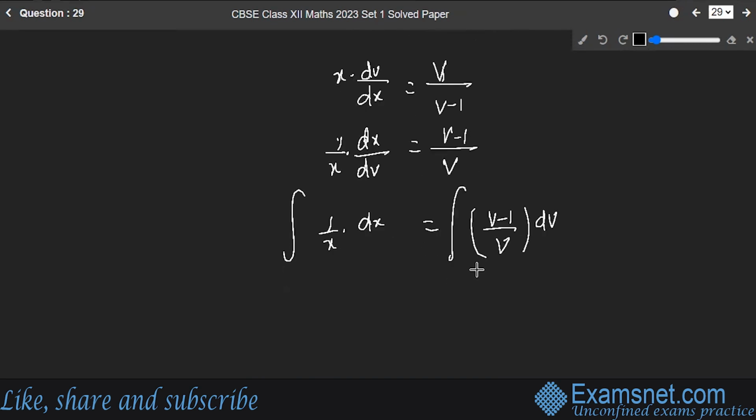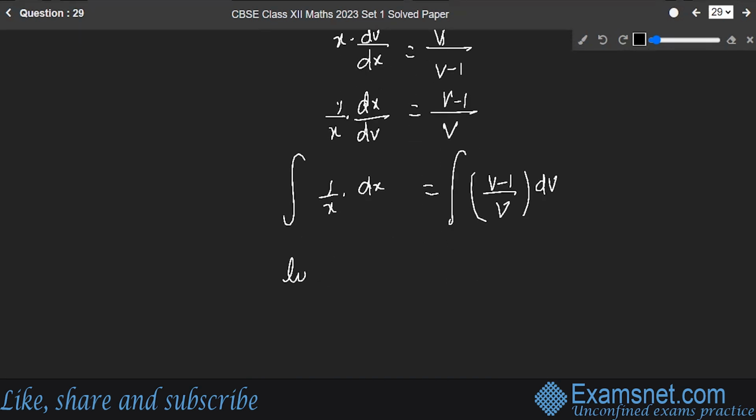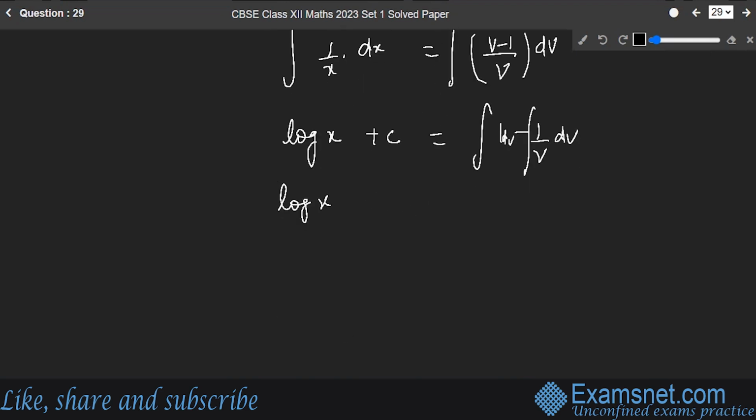So integrating on both the sides will give you log of x plus c is equal to, this is integral of 1 minus 1 upon v, so it can be written like this. So this is log of x plus c is equal to v minus log of v.